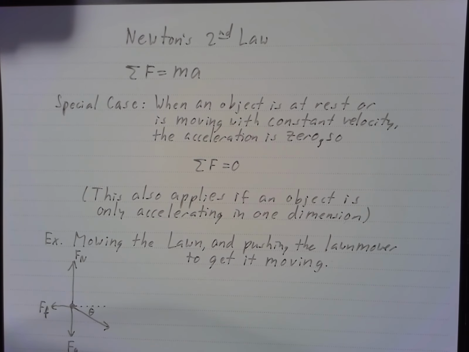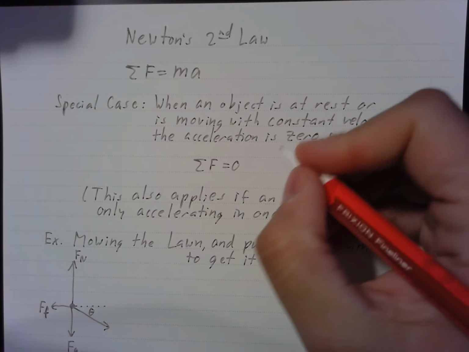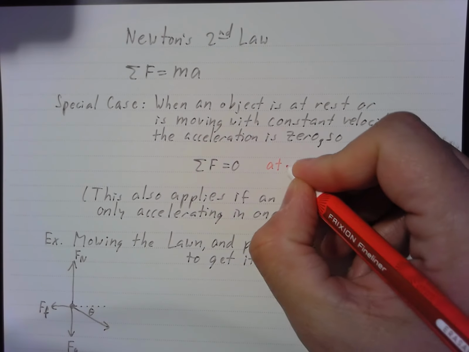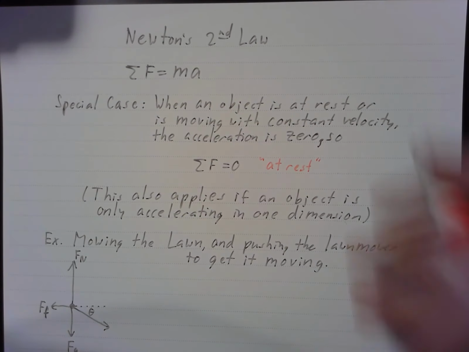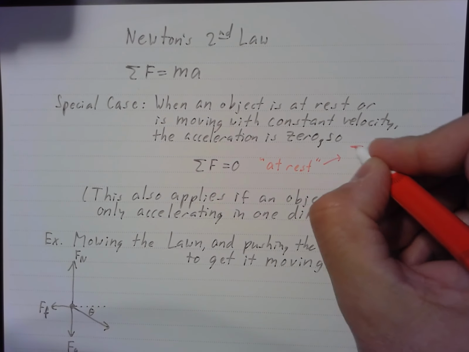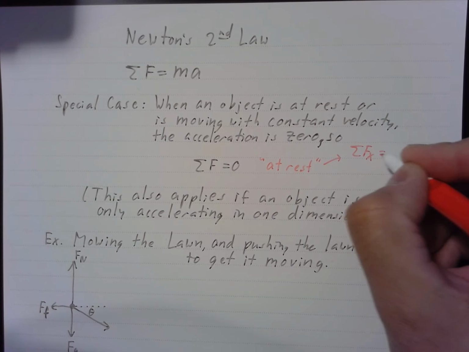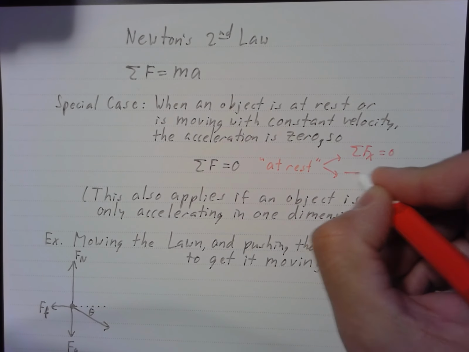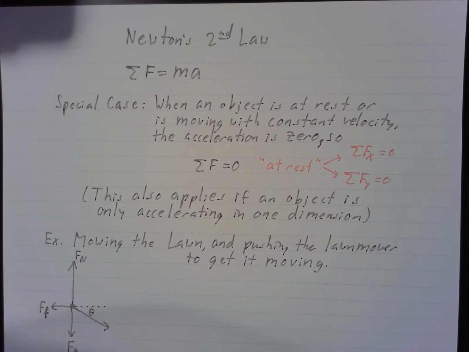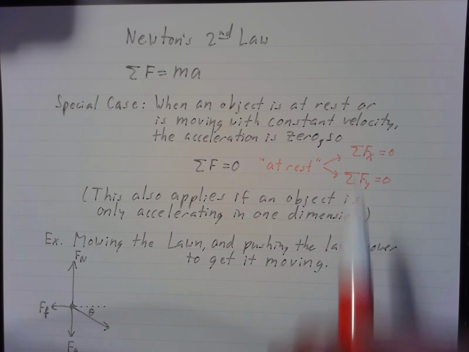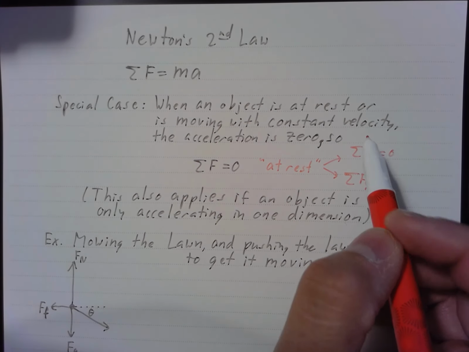To expand on that, the very special case is the phrase "at rest." It means 2 things. It means the net force in the x direction is 0, and the net force in the y direction is 0. So the net force in every direction is 0 if something's at rest.